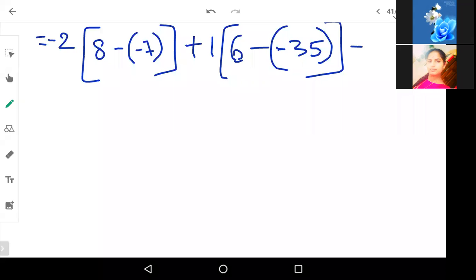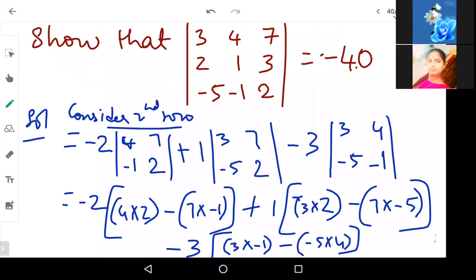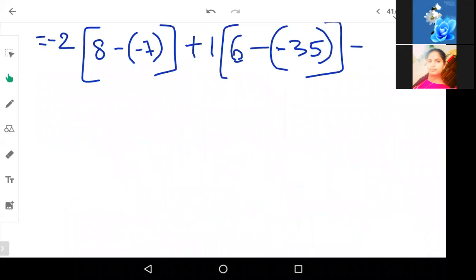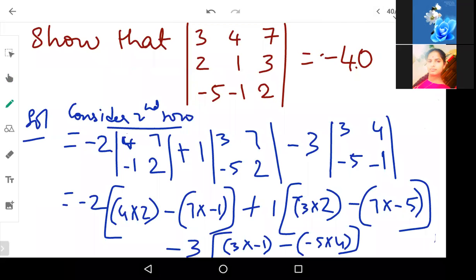And finally minus 3 into minus 1 is minus 3 and 5 4s are 20, which is minus 20. So here you will have, I'll write it here only, 3 ones are minus 3, right?